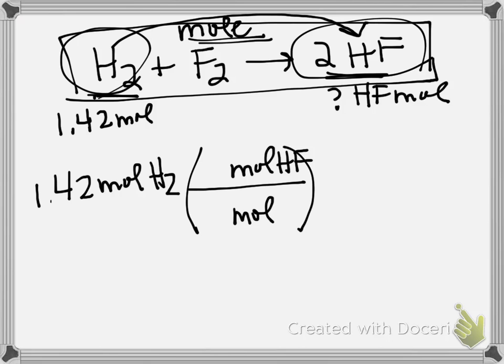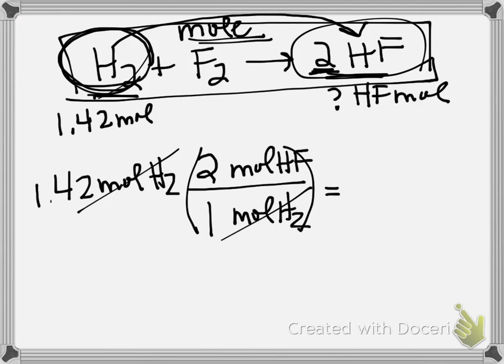And we're going to convert that to moles of HF. So I've got my moles of hydrogen on bottom because I'm going to cancel out the moles of hydrogen and convert on top to moles of HF. All right, so what's my mole to mole ratio? Notice here we have a regular balanced equation. There's no number written, but we assume that means there's 1 mole of hydrogen. So for every 1 mole of hydrogen gas, we produce 2 moles of HF.